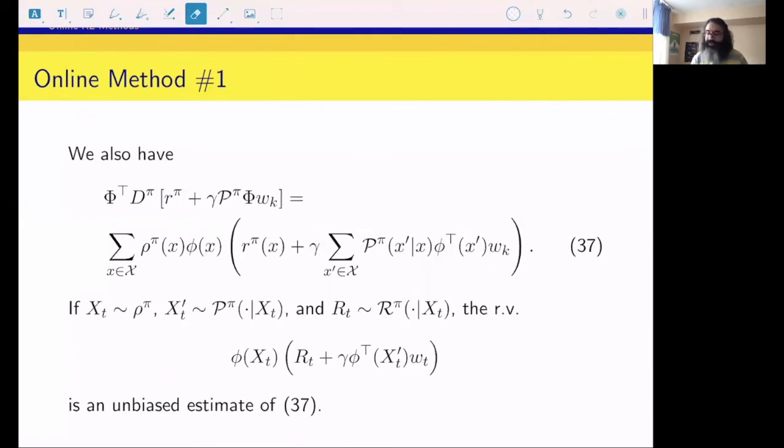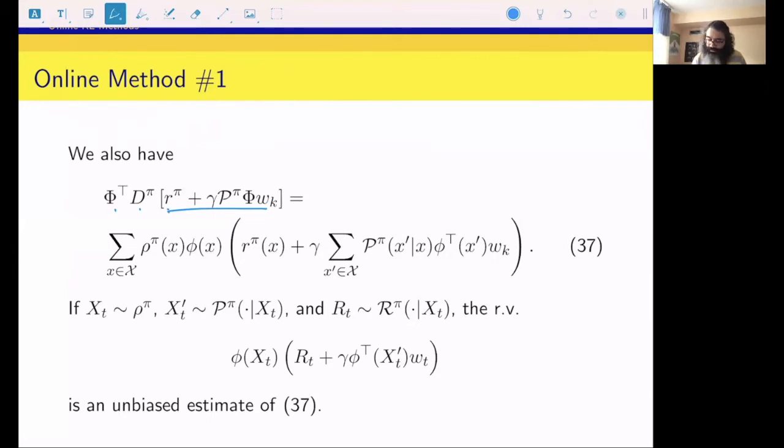For the other term, we have phi transpose D_pi (r_pi + gamma P_pi phi W_k). This is very similar to the Bellman operator; it came from applying the Bellman operator to the value function.